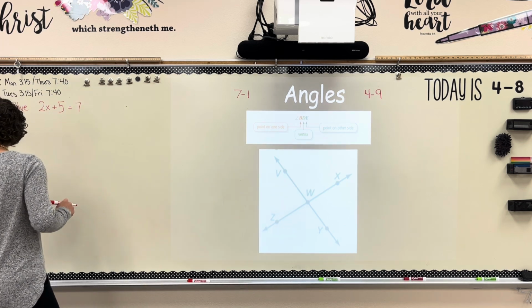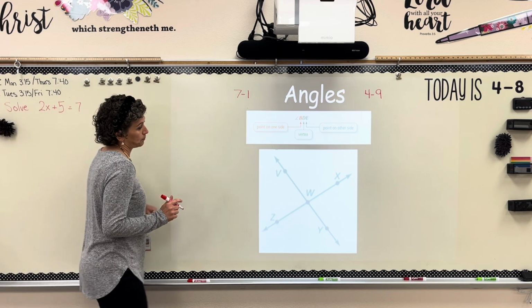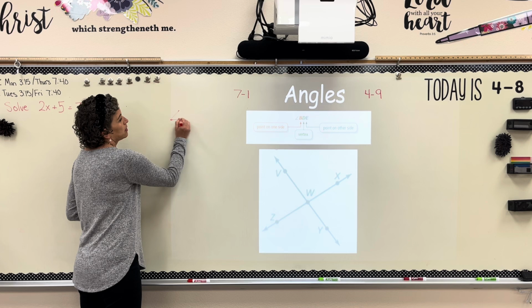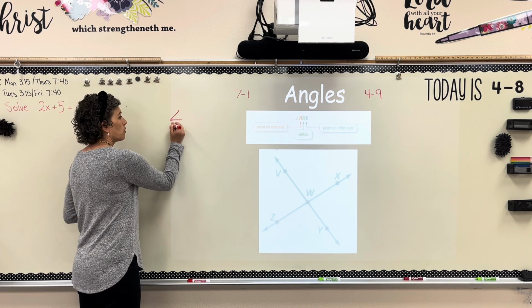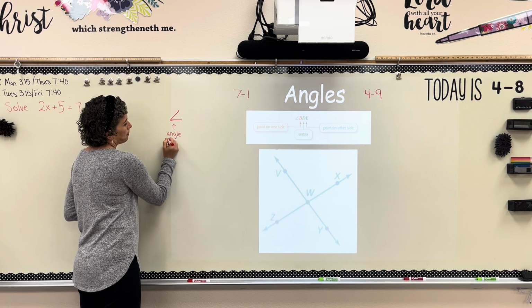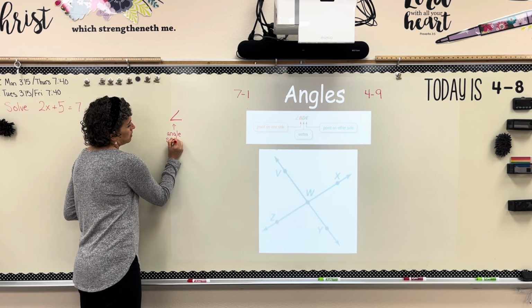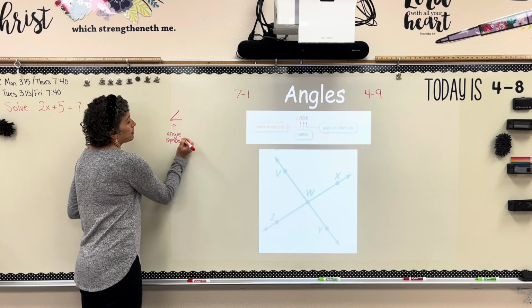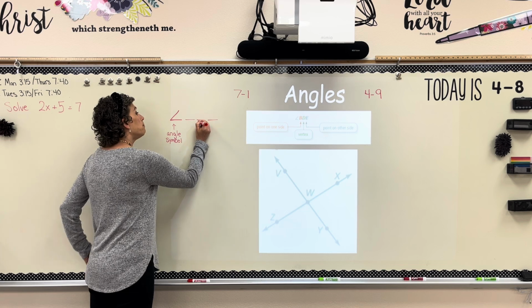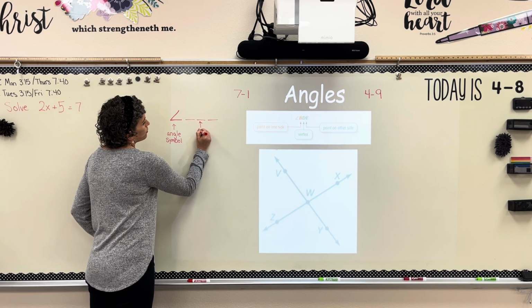So on this one, when you name an angle, this is what we show that it is an angle. So this is the angle symbol. And then you always have 3 letters, okay? The middle one is always your vertex.